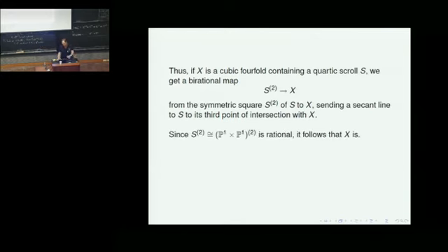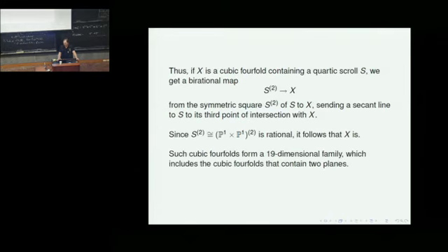Finally, we just have to check that the symmetric square of P1 cross P1 is in fact rational, and then we know that X is. This actually gives us a 19-dimensional family of rational cubic fourfolds, which, it's not obvious, but does include the family of cubic fourfolds containing two planes.